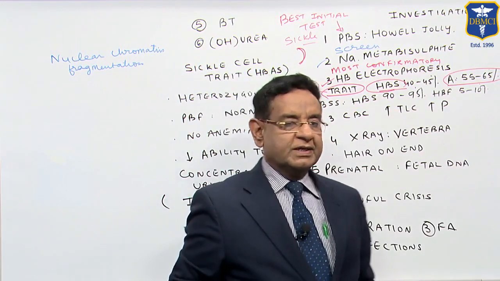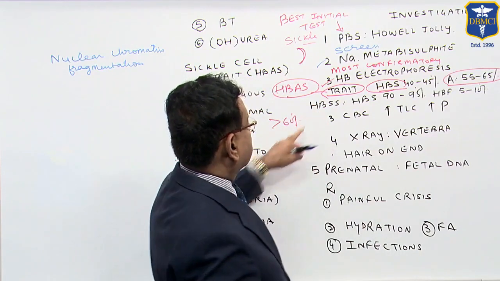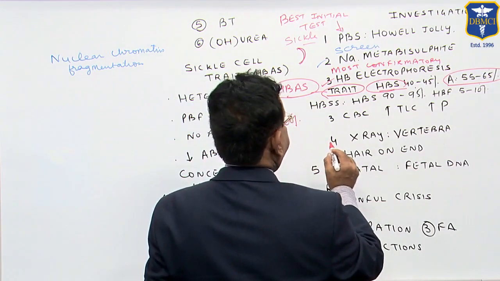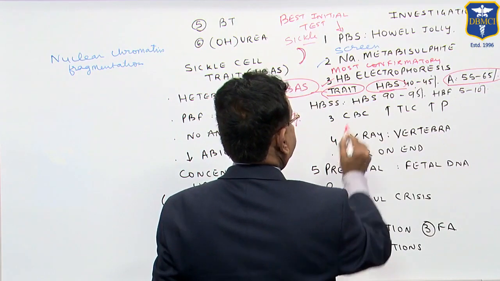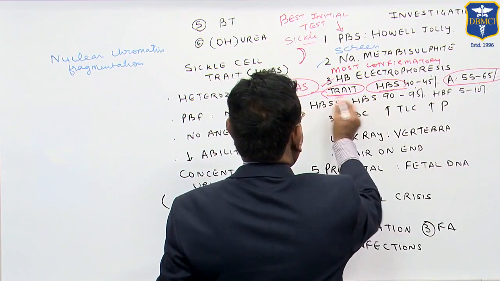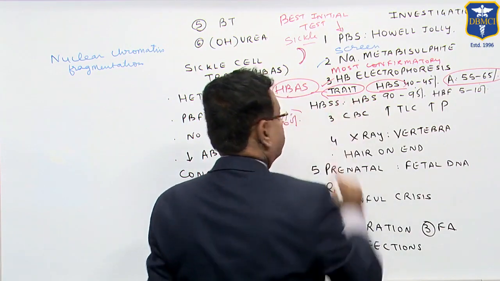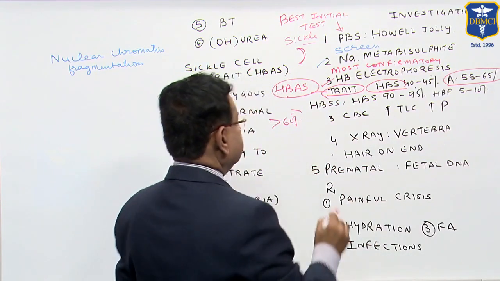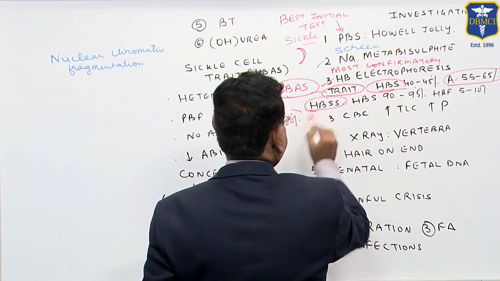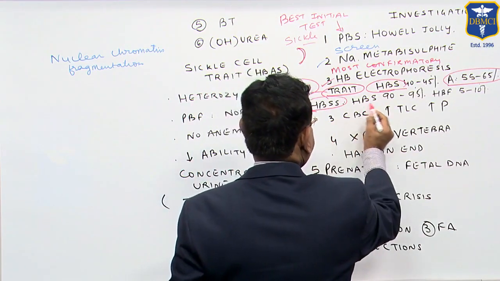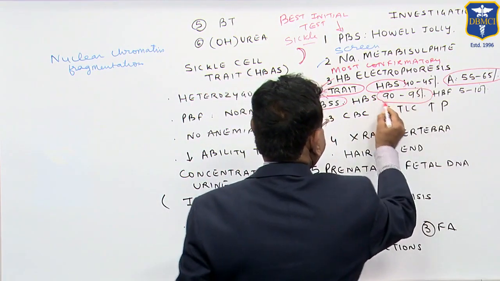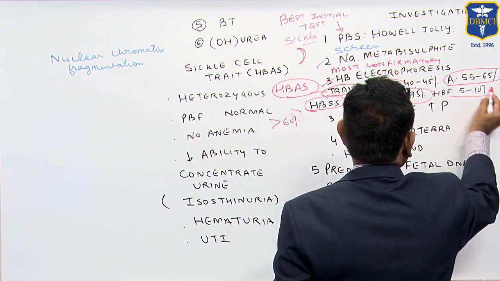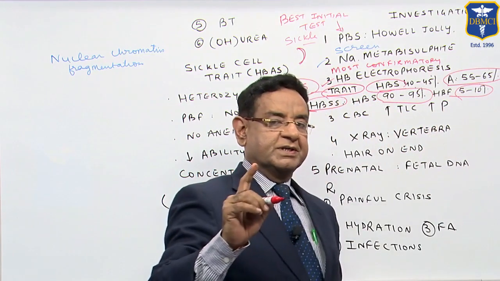That's why those who are trait, they do not have much of the manifestation. But in sickle cell, HbS is 90 to 95% and HbF is 5 to 10%.